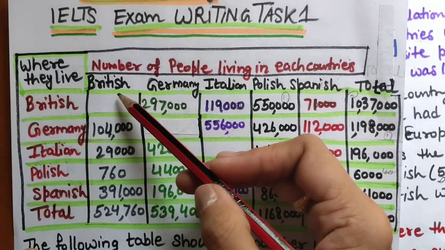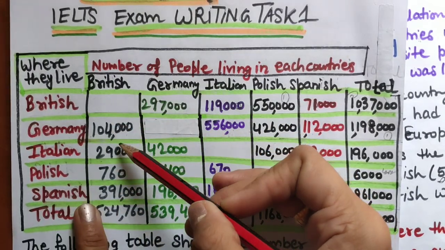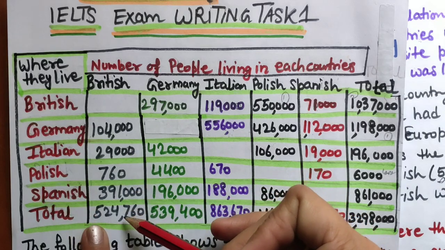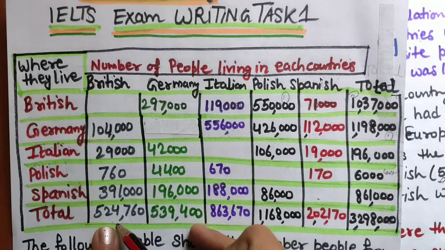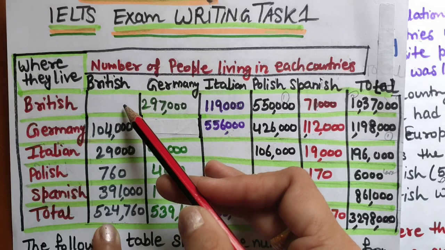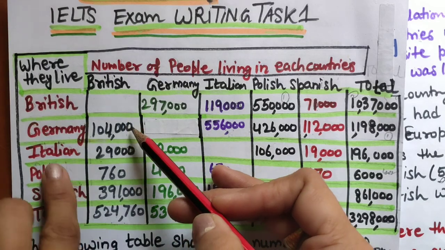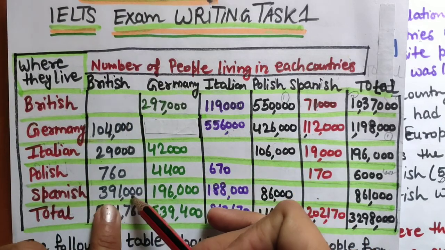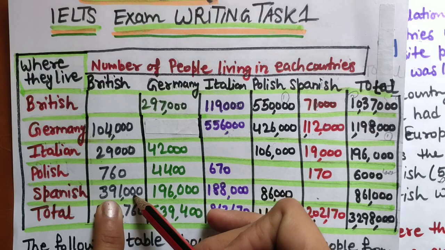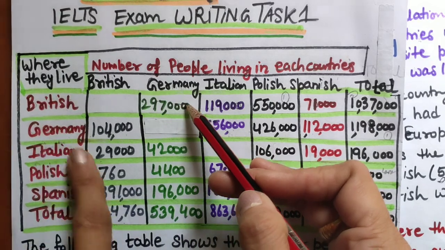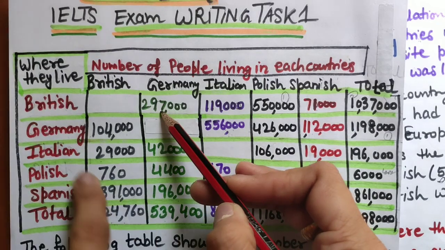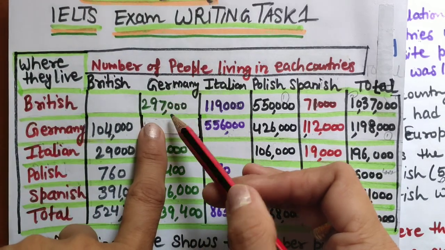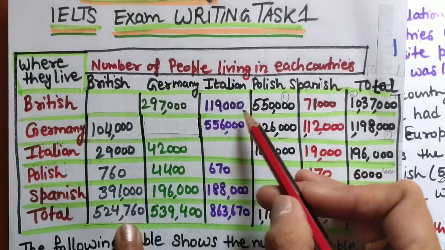See this, British people, the maximum number of people were staying in Spanish, and for Germany the maximum number was this, and German people were preferring to live in Britain.